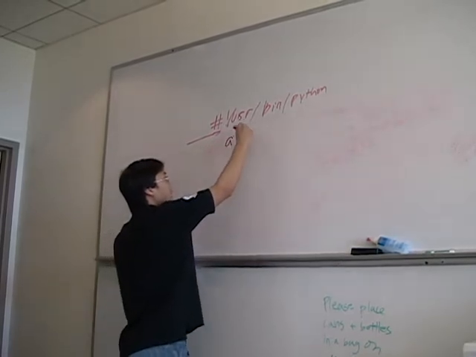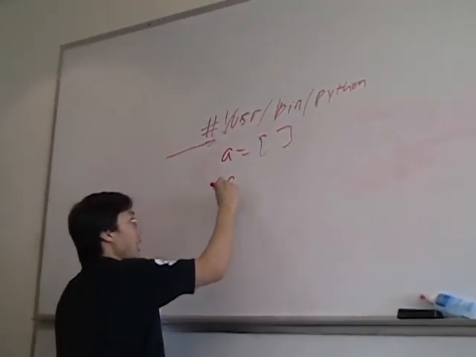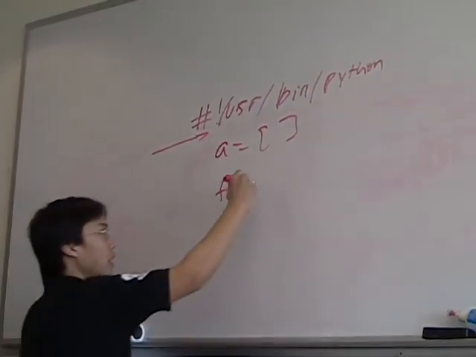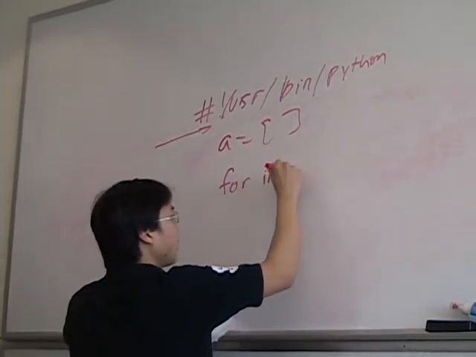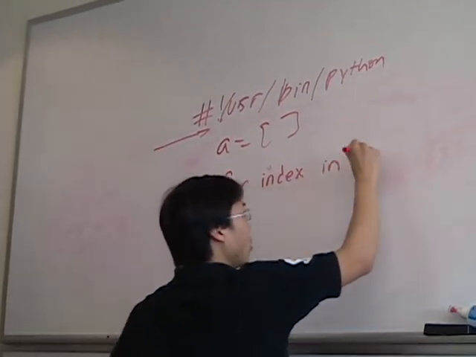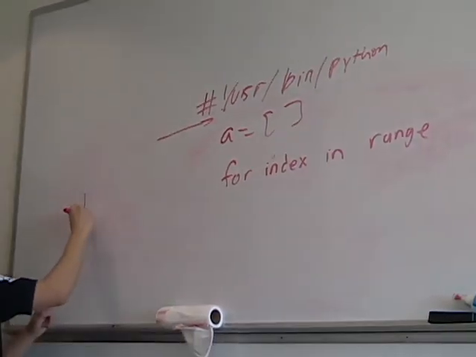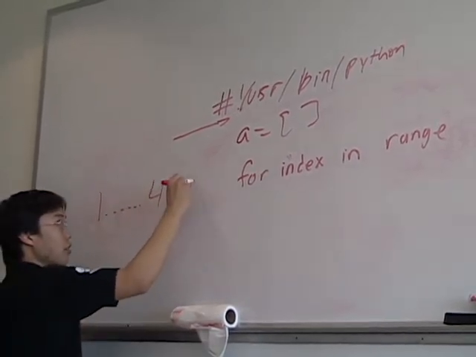So let's say we have an A. We set it up as a list. And we need to insert, let's say, 1,000 values for index in range. So I want to insert 1 to 4,923.